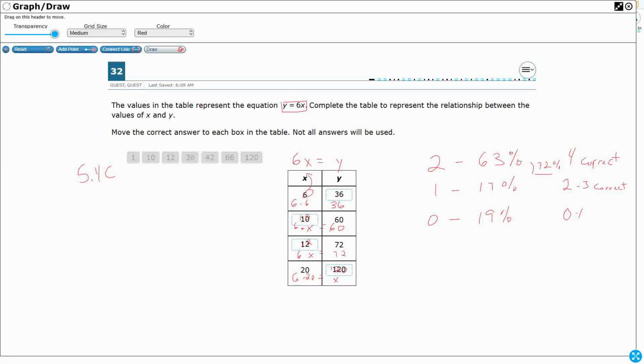So that's 0 or 1 correct. So this is definitely on the easier side. This is actually the 6th easiest item on the test, and it was drag and drop. So that made it a little bit more difficult than just multiple choice, but kudos to our students for their work with generating additive and multiplicative patterns.